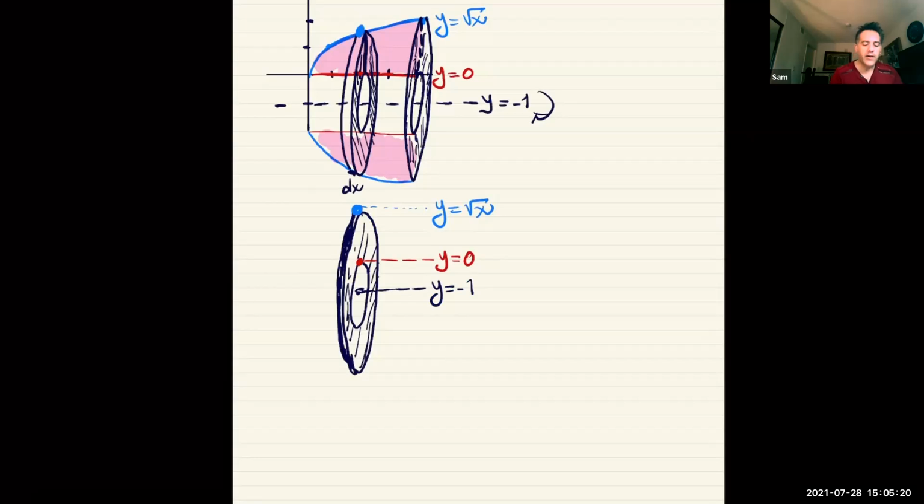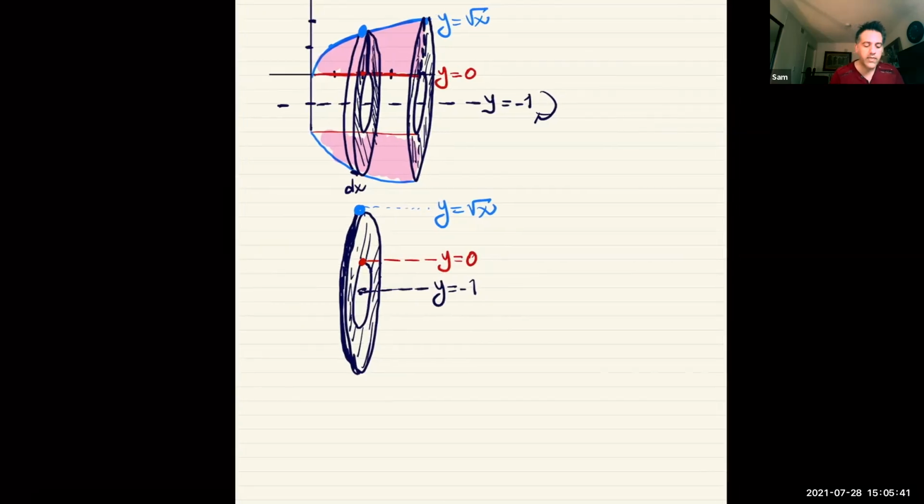Begin with the center of the washer. This is the center, and the equation for it is y = -1, because that's what the region is revolving around.